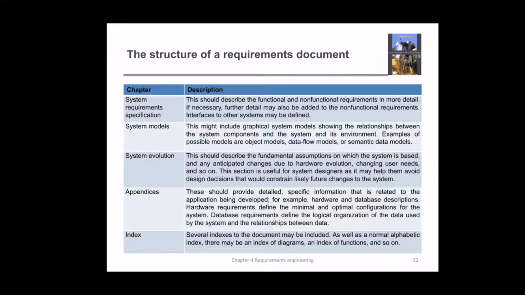This should describe the functional and non-functional requirements in more detail, because it is used by the developers or designers of the application. Further detail may be added to the non-functional requirements, and interfaces to other systems may be defined in this specification. Then we have system models. Here you can make use of multiple models like object models, data flow models, and semantic models.